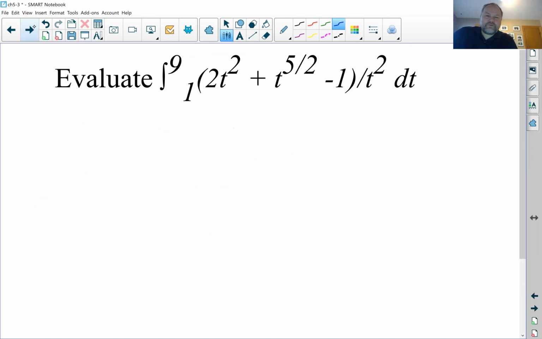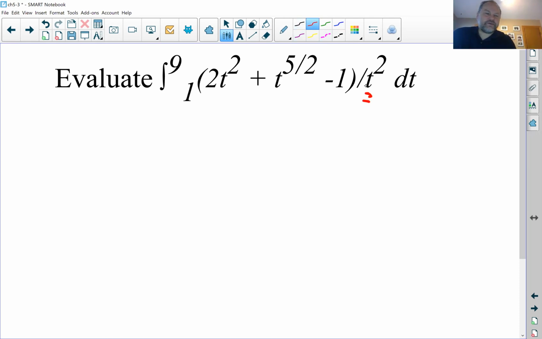For the most part, there really isn't a quotient rule for integrals. There are ways that you can deal with quotients. I'm going to show you one way if the quotient is just a single term.